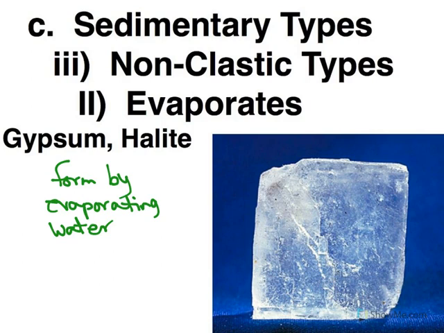And so the reason why these are no longer minerals is they are no longer crystalline. Remember, a mineral has to be in that crystalline structure. These have lost that crystalline structure through this process of dissolving and then resolidifying through the evaporation process.